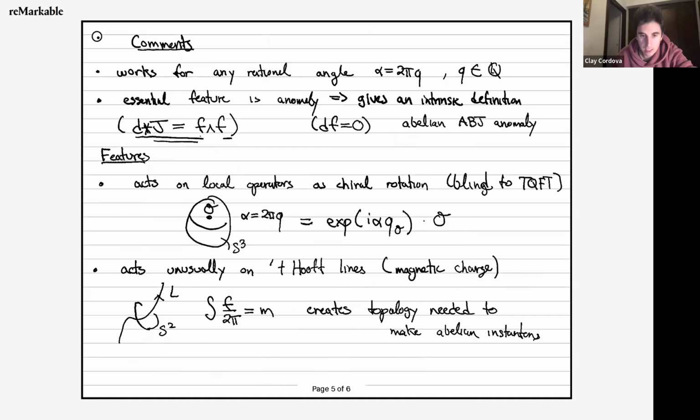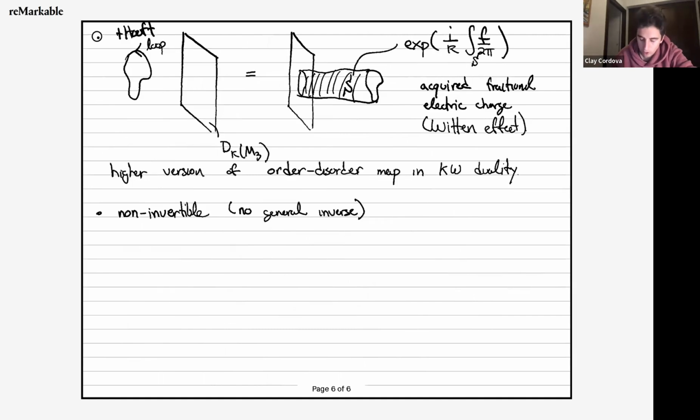Now, if we try to characterize it algebraically, we could try to construct the inverse. We would try to CPT conjugate the defect, try to write something like the fusion rule of D with D dagger. So we take D_k of M3 and we try to collide it with D_k dagger or D_k bar, whatever notation you would want to use, of M3.